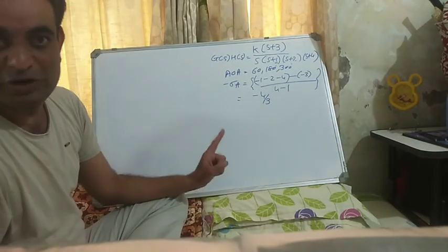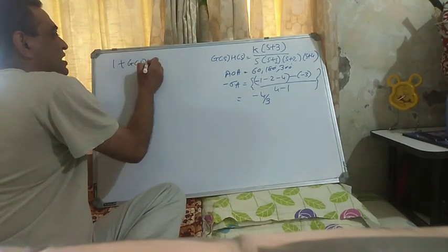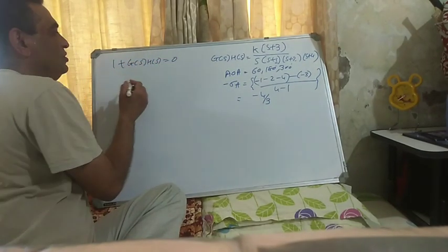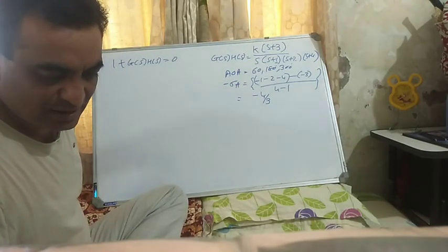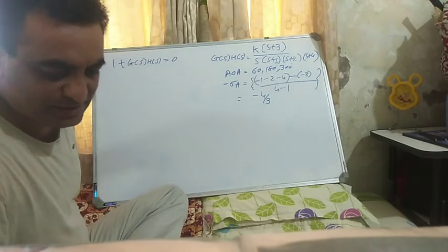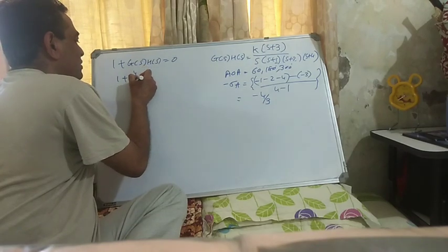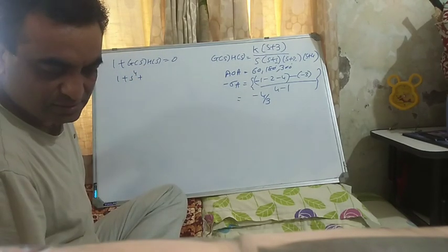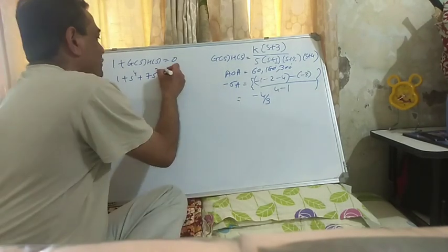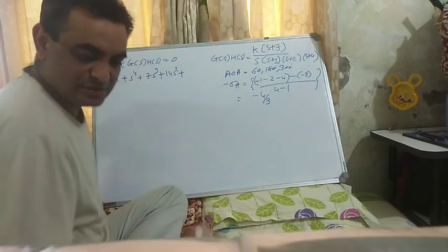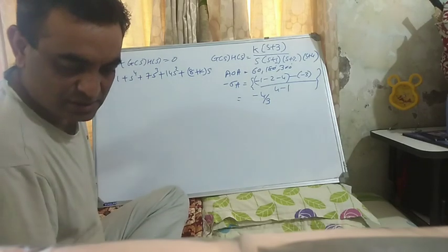Now you can find the breakaway points also. 1 plus G(s)H(s) equals 0. You will get the characteristic equation, something like this: s raised to 4 plus 7s cube plus 14s square plus (8 plus k) s plus 3k.